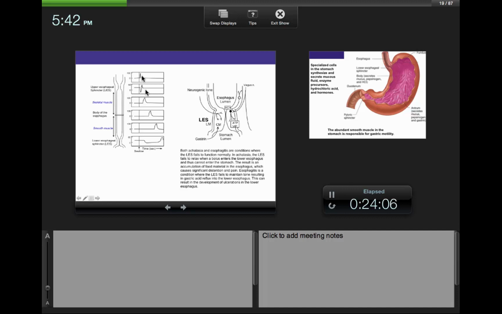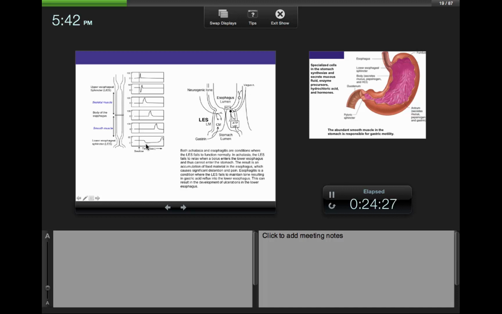Now, I'm going to skip all the way down to the lower esophageal sphincter. I want you to notice that when a bolus of food passes across the upper esophageal sphincter, there's already an anticipatory relaxation all the way down here. See where this arrow is?